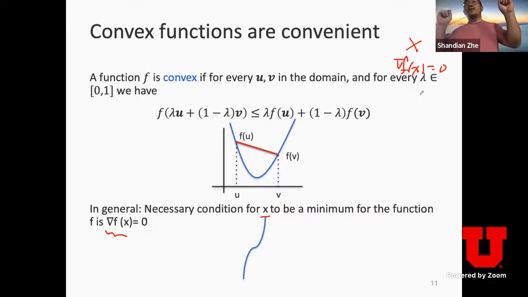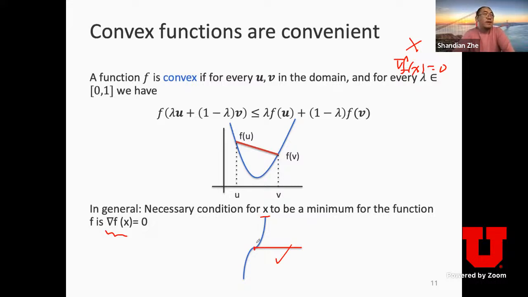So you see the difference. If x is the minimum, then the gradient at x must be 0. But if the gradient at x is 0, it doesn't mean x must be a minimum. That's why it's only called a necessary condition. It's not a sufficient condition. One example here: if you take the gradient at this place, the gradient is 0.